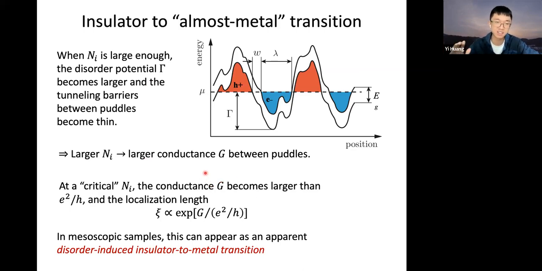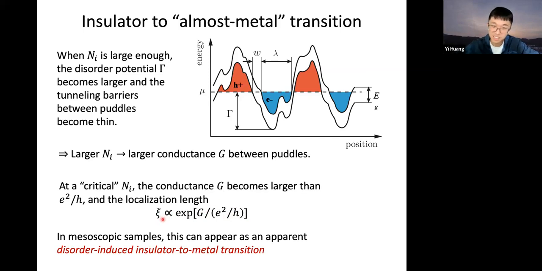And we can imagine at some critical concentration, the conductance becomes larger than e squared over h. This means the system is turned on for conduction. And the localization length is proportional to the exponential of conductance divided by some dimension-dependent constant.